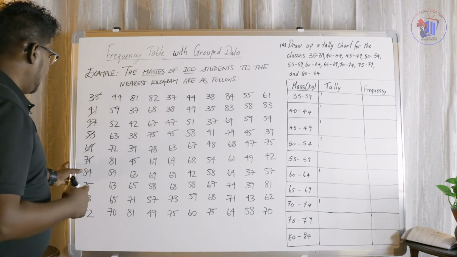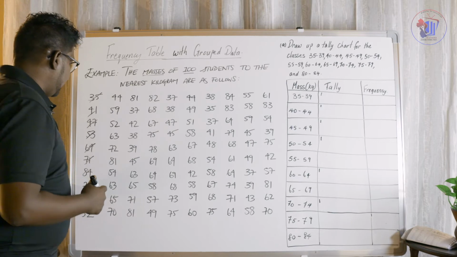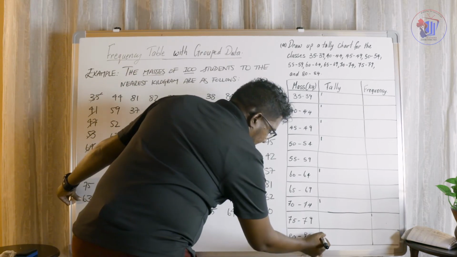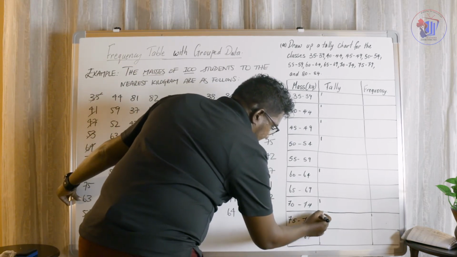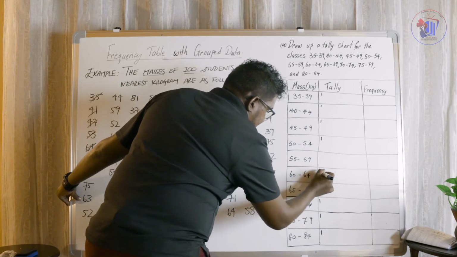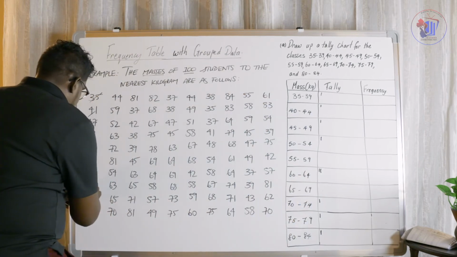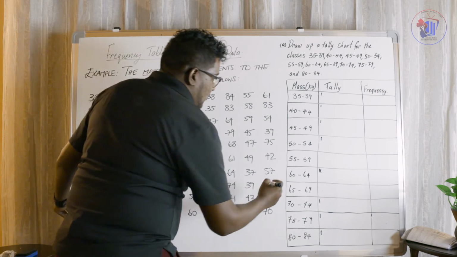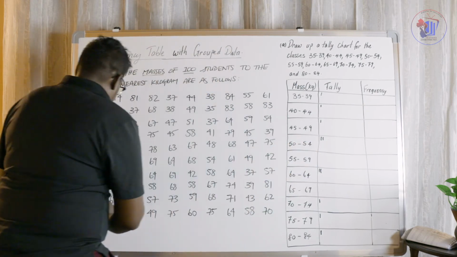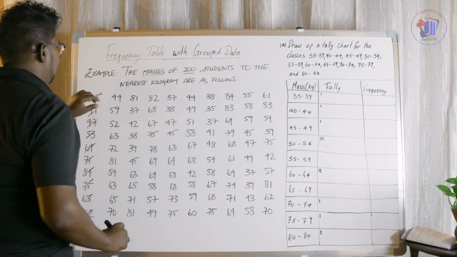So let's continue. 84, 75, 63, 52, and that's our first column.